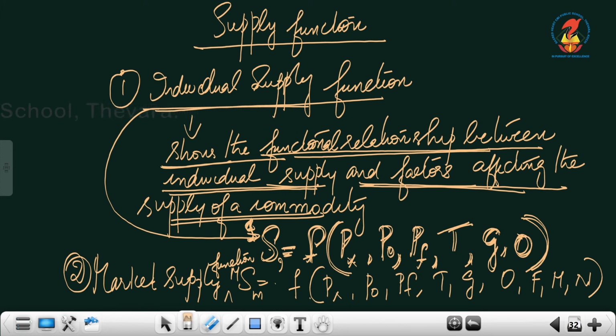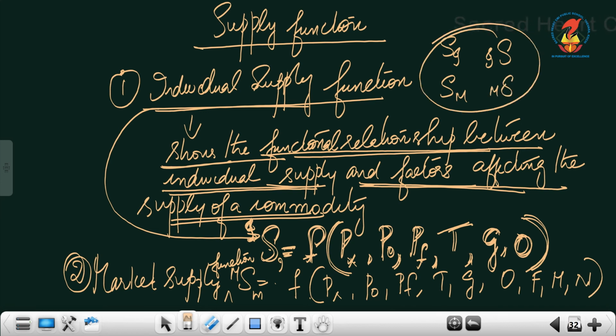Individual supply you can write as SI, market supply you can write as SM. Or if you are comfortable writing IS or MS, no problem. It depends on the way it is easier for you. So here I have written it as SM, market supply function.